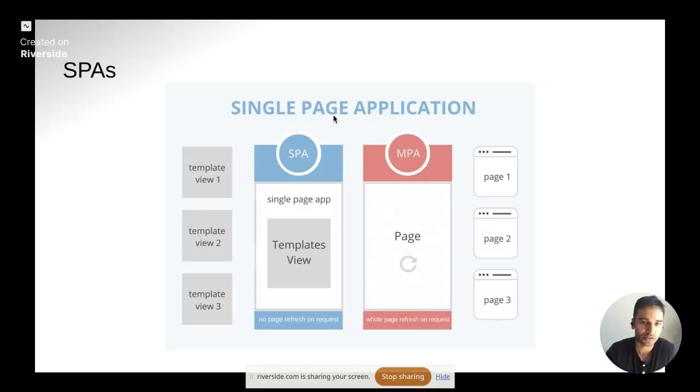As you can see in this diagram, in a single page application, you don't have to do a page refresh on each request for viewing a page. Whereas in an MPA, you have to refresh the entire page and make different requests to the backend, and that just results in a lot slower, less native experience.